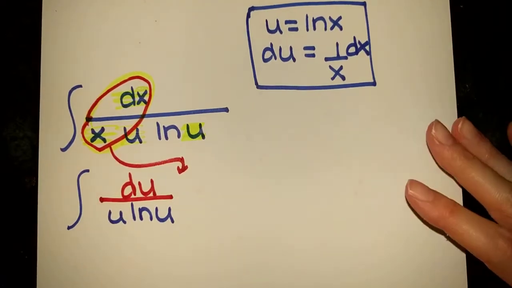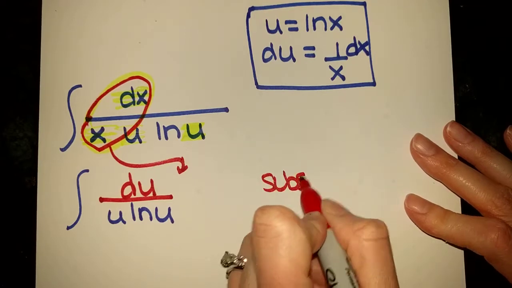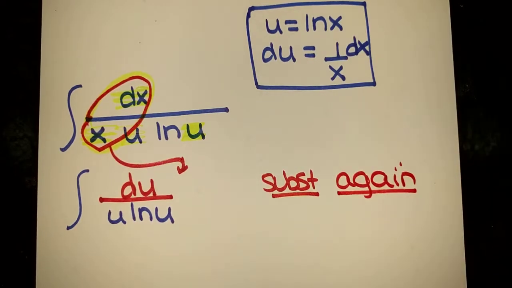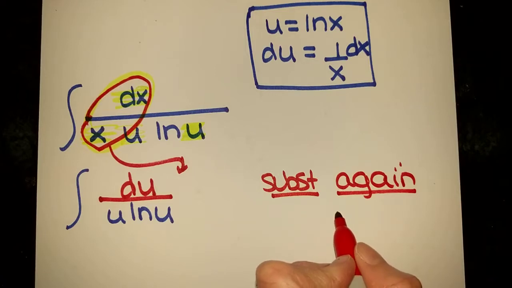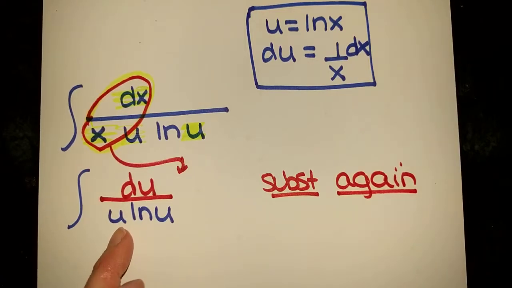So to integrate this, we would have to think about doing substitution again, because we can't integrate it with just our given formulas. Remember, for substitution, we want u and its derivative to appear inside of the integral. We talked about this in the previous example.